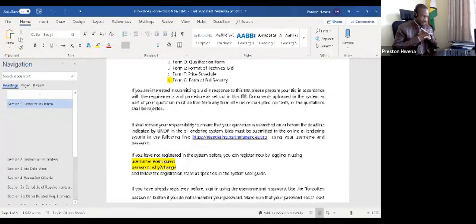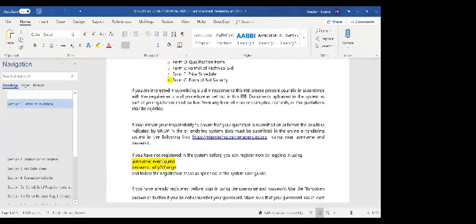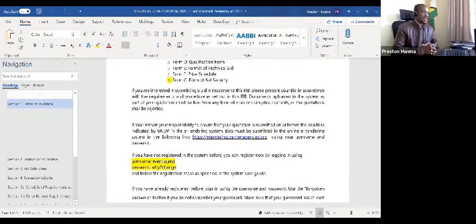Once the cutoff time is reached, the system automatically shuts down, so you will not be able to submit your bid. Please make sure you don't leave it until the last minute. Also note that all bids must be submitted in the online e-tendering system. We no longer accept envelopes or hard copy submissions.